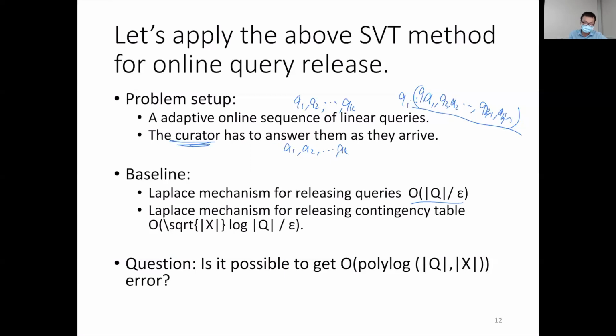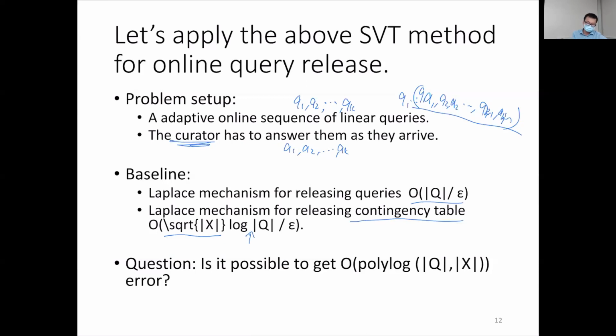Okay, on this slide, I'm showing unnormalized linear queries. And the alternative approach is applying the Laplace mechanism to release the whole data set, or the histogram, or the contingency table. I use these as synonyms. You get a square root of the size of the data space, but the improvement is that you get an exponential improvement in the number of queries that you can answer.